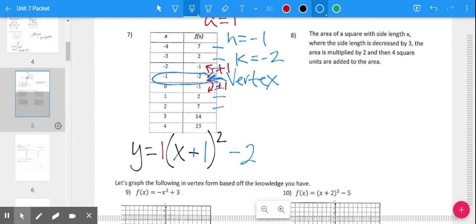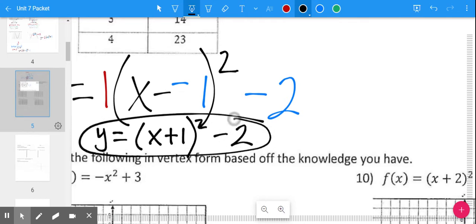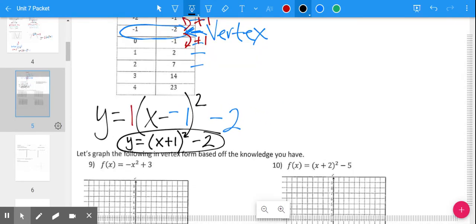Because we have that 1 on the outside, I'll actually write this as the minus a negative just to make it a little more visual. So we're doing minus -1. When you minus a negative, it becomes a positive. When you have an implied 1 out front, you don't actually have to write it because multiplying by a 1 changes nothing. So this would be the more simplified equation for that function.